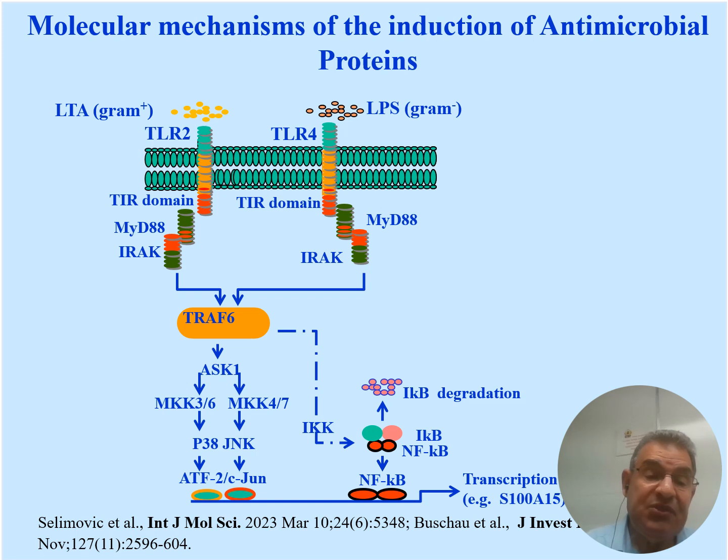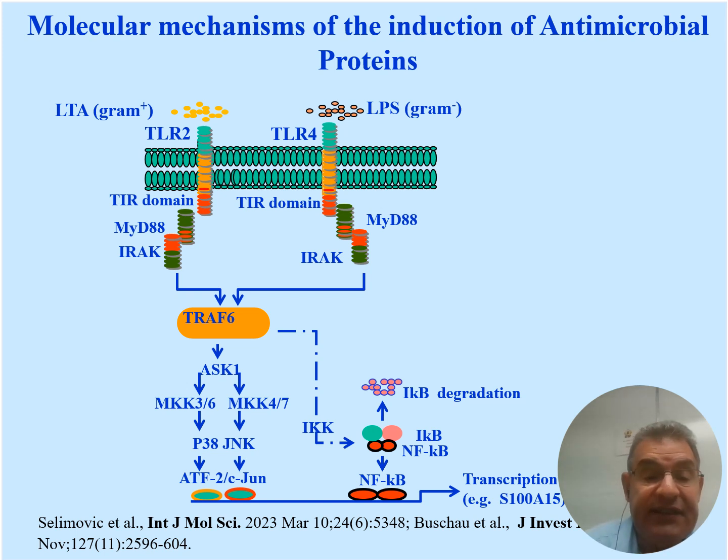The first two pathways, including MAP kinase, are regulated through apoptosis signal-regulated kinase 1, leading to the activation of the downstream MAP kinase 3,6 and 4,7.